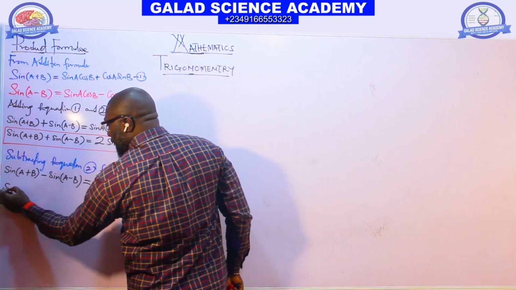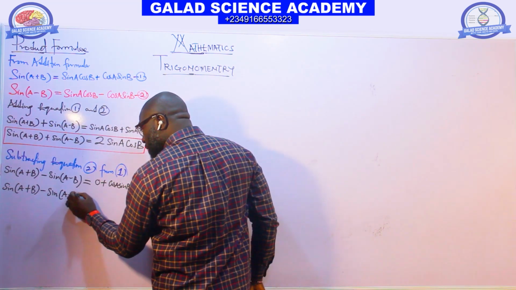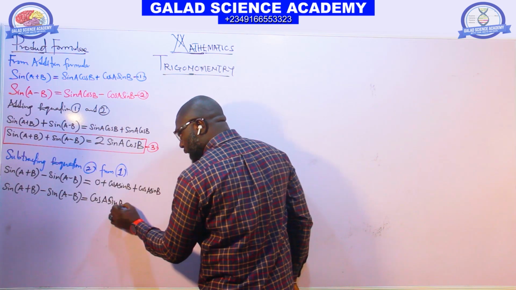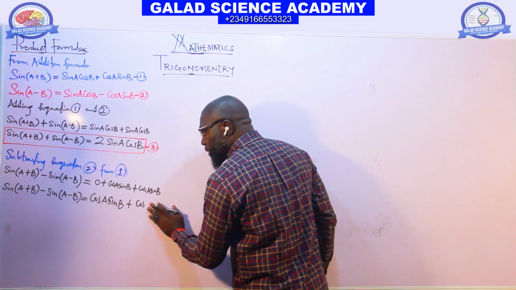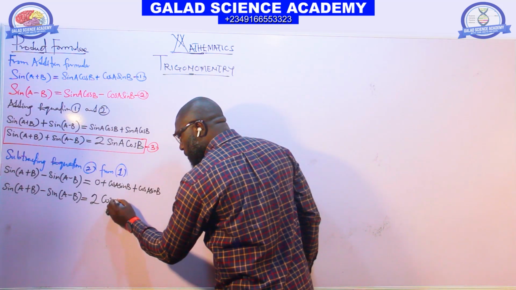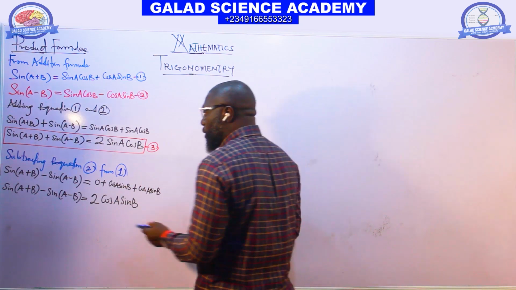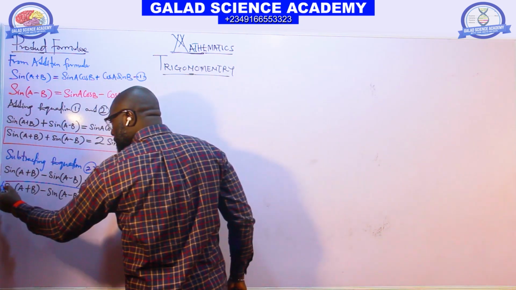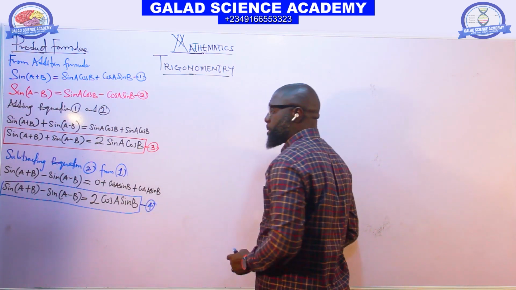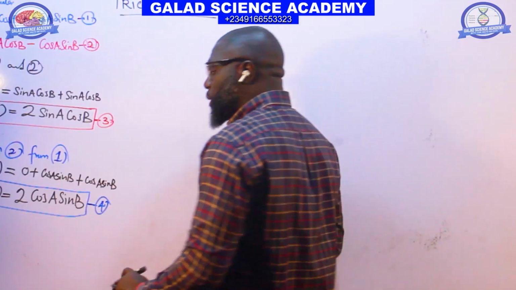So you later have sine A plus B minus sine A minus B, which gives you 2 cos A sine B. This will be equation 4, for sine.